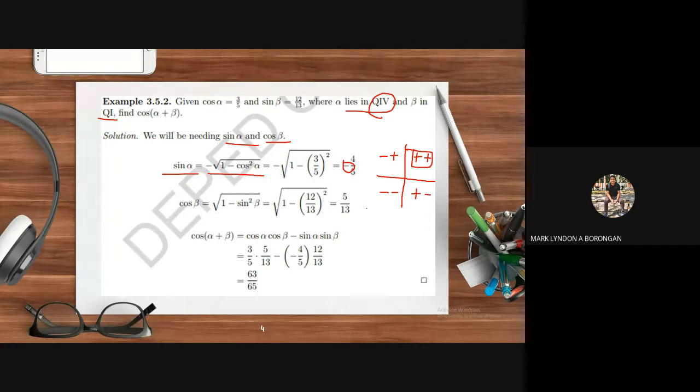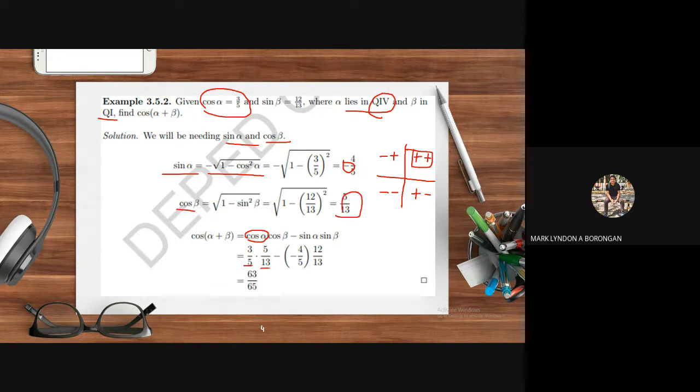Now, the last step is to find cosine of alpha plus beta, their sum. We can replace the values directly. Cosine of alpha, which is 3 over 5, times cosine of beta, 5 over 13.